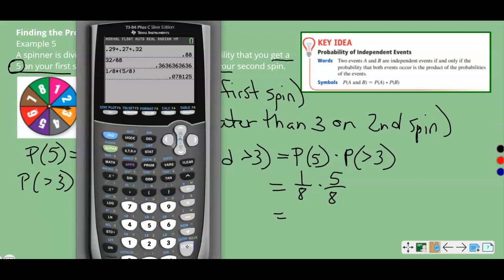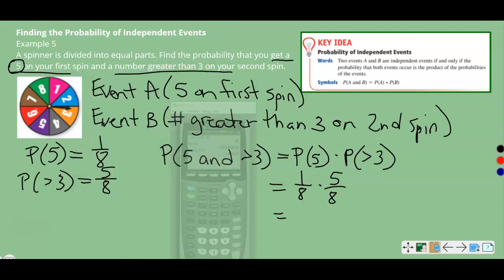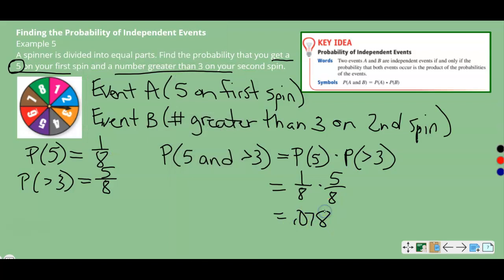And that's going to give us about 0.078. So that is about 7.8%. So the probability that you get a 5 on your first spin and a number greater than 3 on your second spin is about 7.8%.